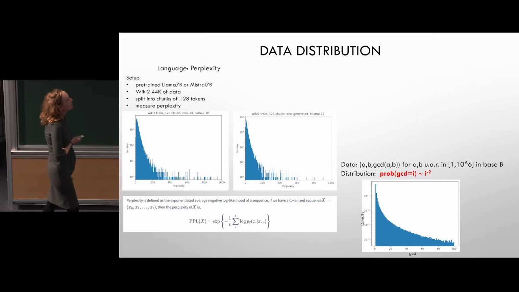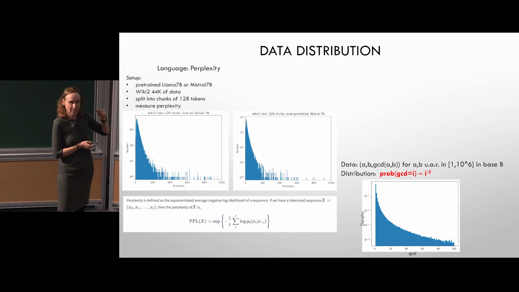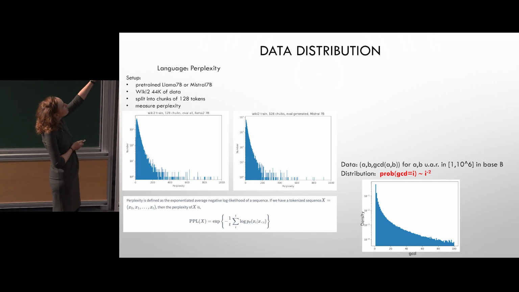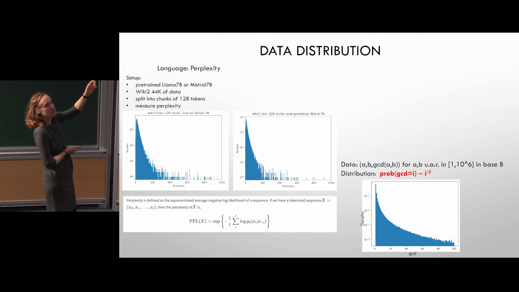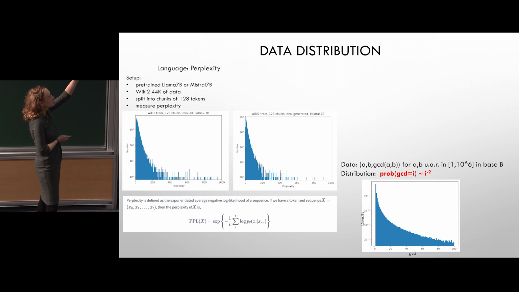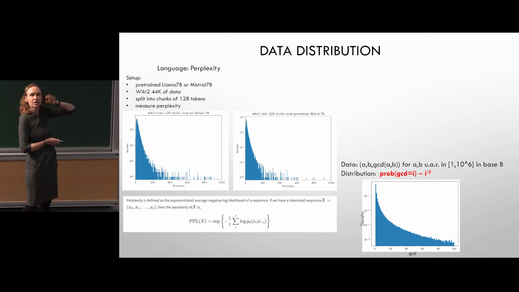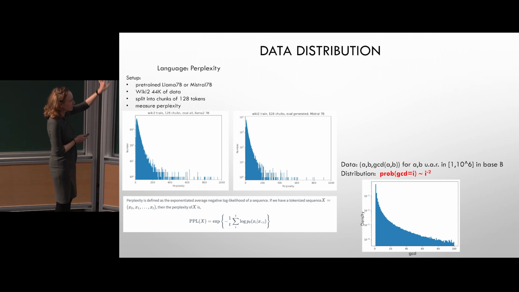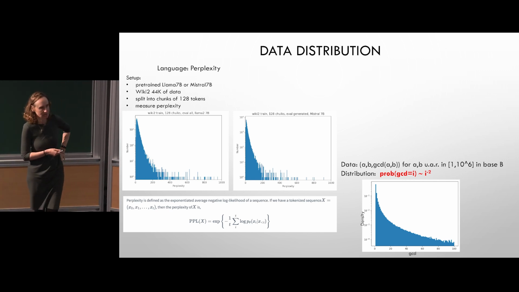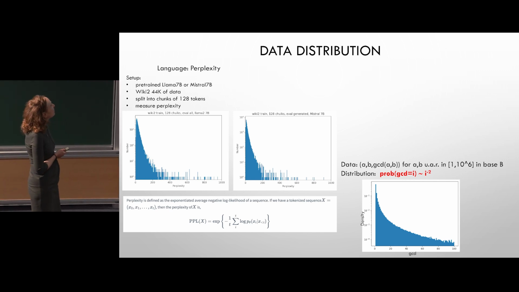When you look at the data, and now I'm becoming a little more vague, less mathematical, and do some sort of histogram of the data, now we do not count the frequency, we just look at the perplexity, some notion of how likely the language model thinks a certain text is. Here we use some sort of wiki data. When you measure perplexity, you also see this kind of Zipf's law distribution in the language model. And I'm putting it there without saying much about it.